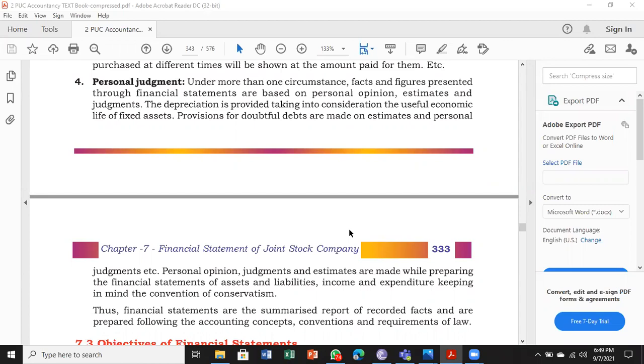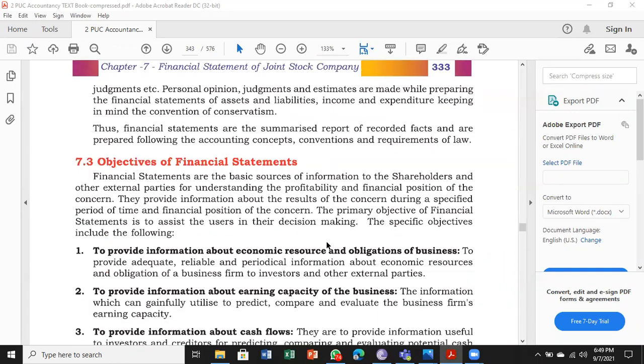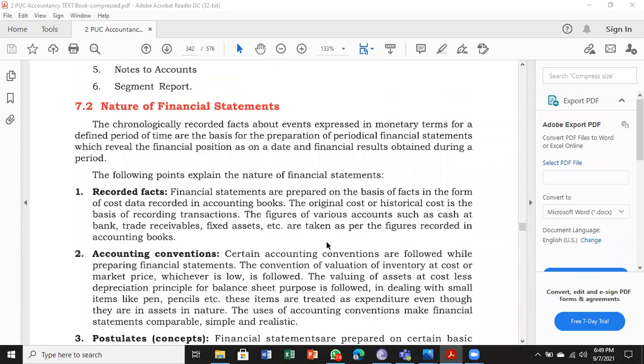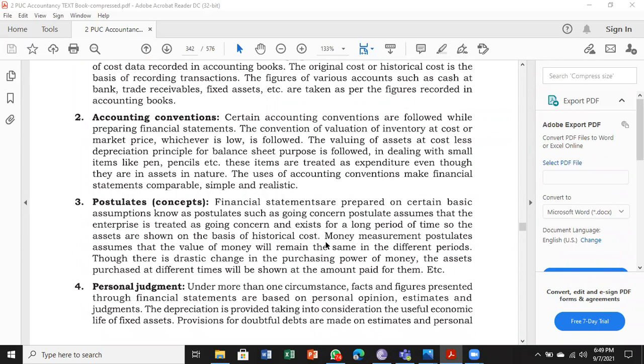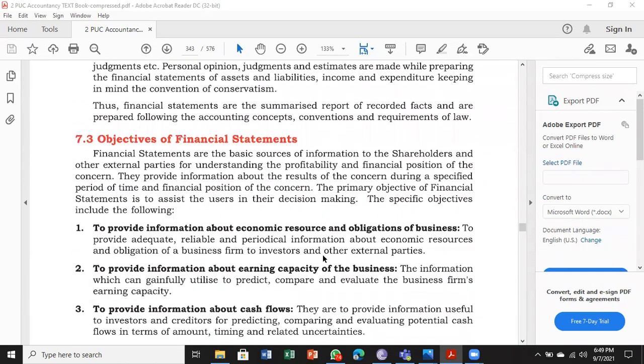All those are taken into consideration while preparing the financial statements, which will have an impact on the calculation of profitability and the value of assets and liabilities. So these are four important characteristics you should remember while preparing the financial statements, but you are not preparing, you will work straight away on problems.